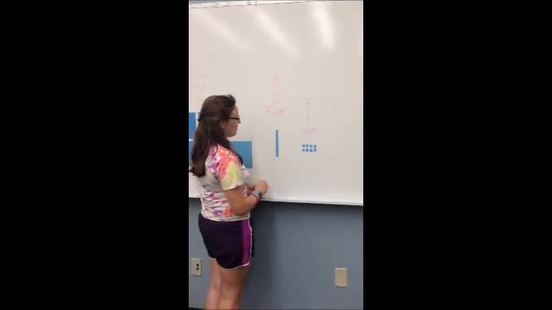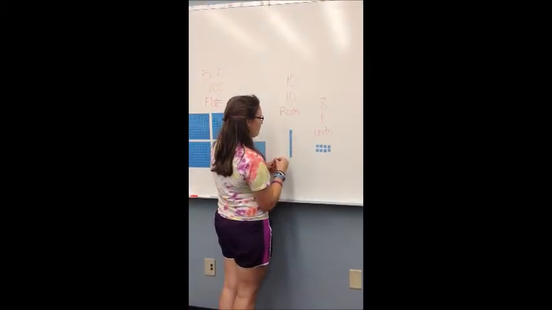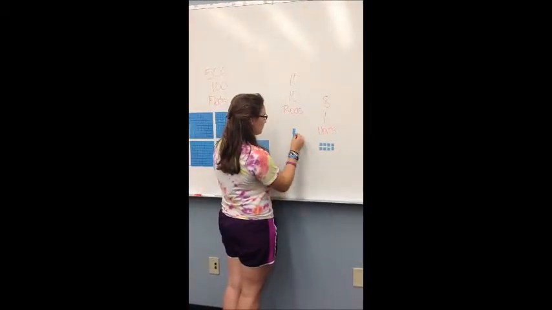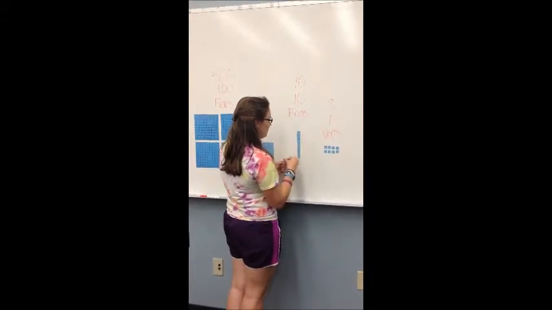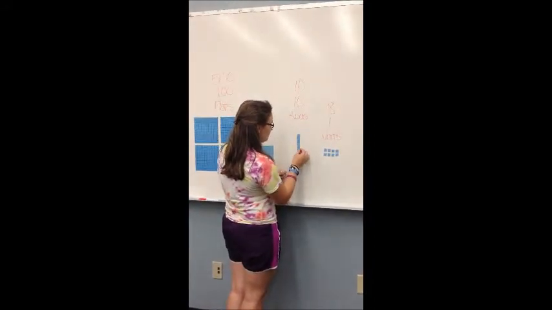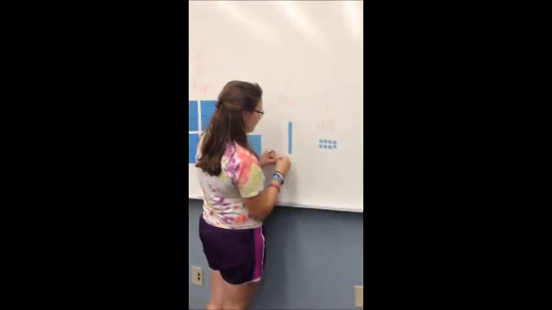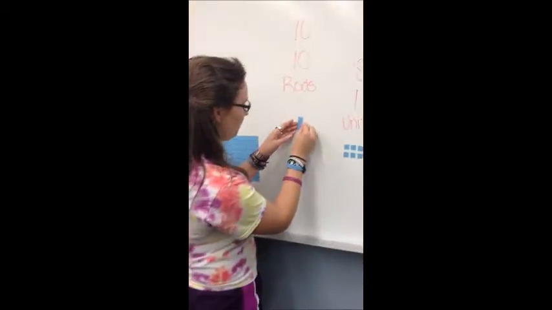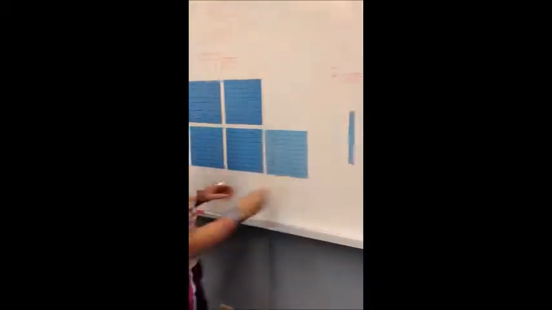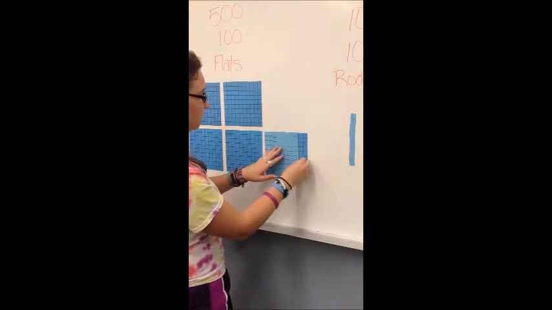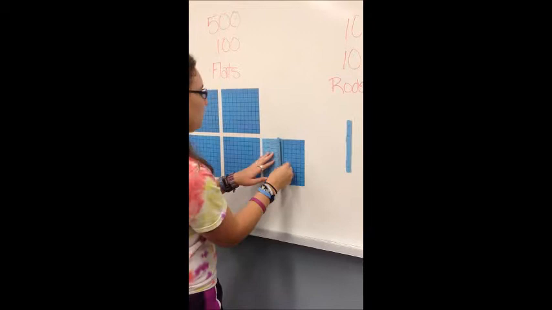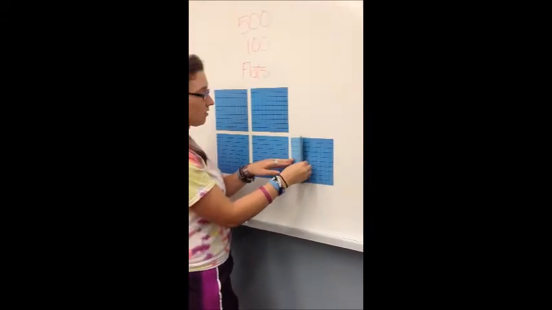Also, 10 units, which are the little squares, equal 1 rod, which is something that will be useful to us whenever we are subtracting.